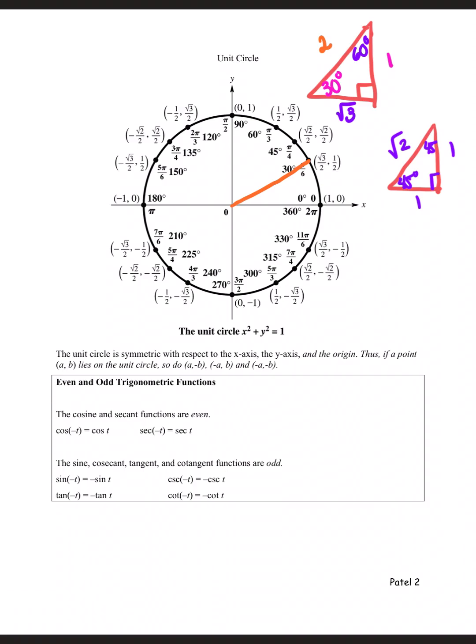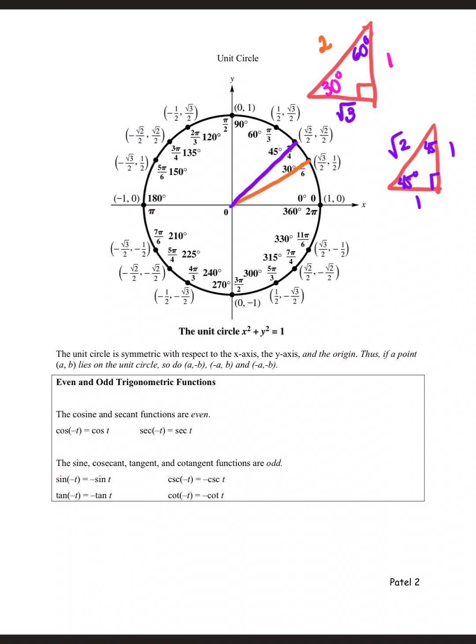And sine of 45 is opposite over hypotenuse, so it's 1 over square root of 2, and cosine of 45 is also 1 over square root of 2, and they just rationalize that to be square root of 2 over 2. And so you're using those two triangles to basically complete the whole unit circle in terms of reference. So the unit circle is symmetrical with respect to the x-axis, y-axis, and the origin.